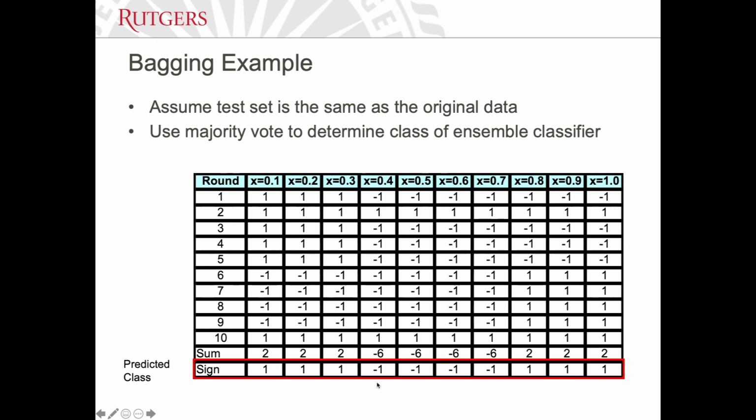But at 0.4, the majority class is negative 1, so the predicted class is negative 1. Since every sample has an equal probability of being selected, bagging does not focus on any particular instance of the training data. It is therefore less susceptible to model overfitting when applied to noisy data.